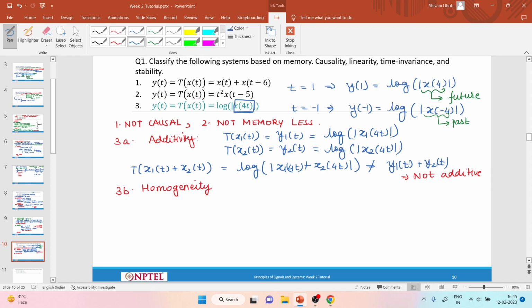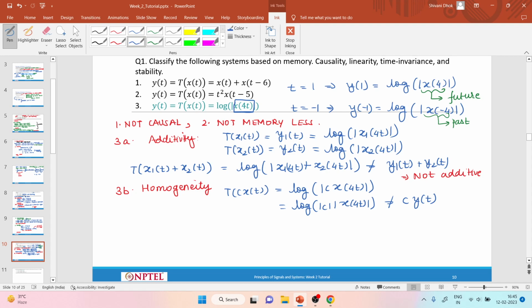So for homogeneity, the scaled version of x of t will lead to an output which will be equal to log of mod of c x of 4t, which is equal to log of mod c into mod x of 4t, and again this is not equal to c times y of t.